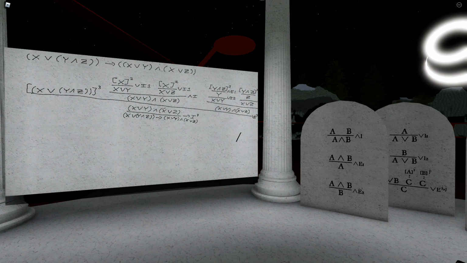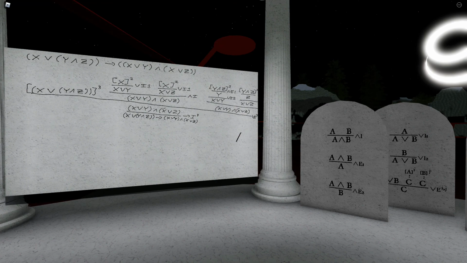Some of them have indexes which attach to particular discharged assumptions. So the superscript of 3 in the last deduction of implication introduction is saying that at this point in the proof, I discharged my assumption of x or y and z.